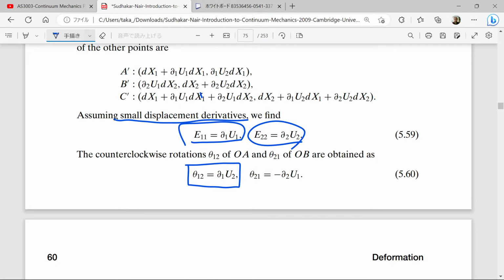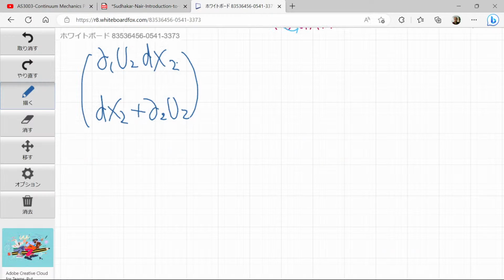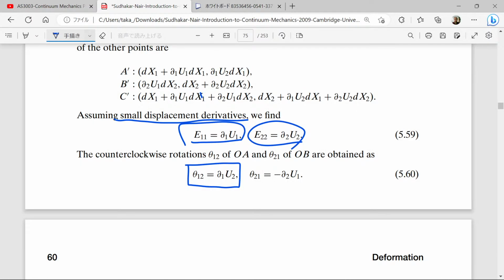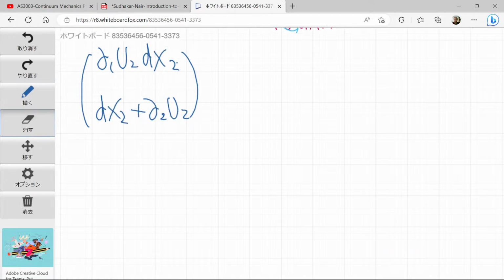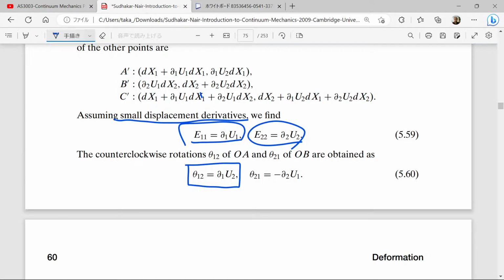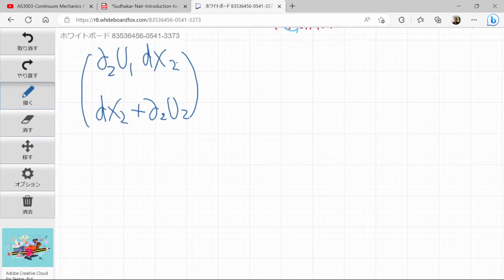Partial 2 u1, I'm sorry, this is partial 2 u1 dx2. Okay, so this is OB prime after deformation.